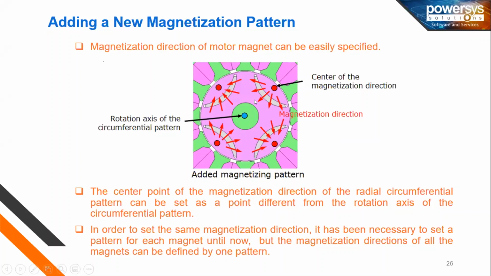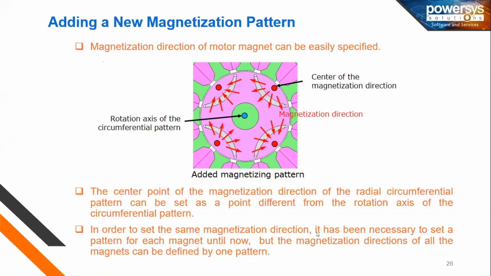And if we apply the magnetization pattern to one magnet, the magnetization direction for the rest of the magnets can be done automatically. That was not the case until now. But in version 21, if we give the magnetization direction for one magnet, it is automatically applied to all the other magnets.